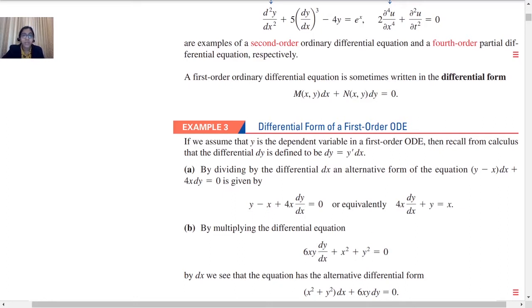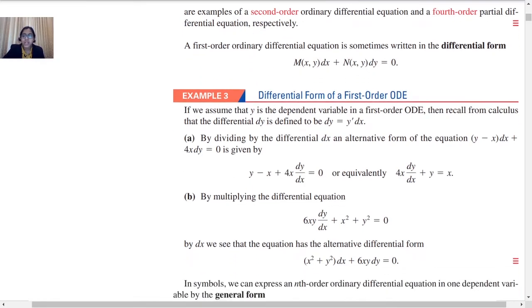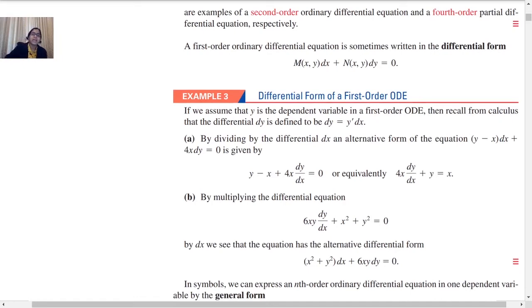So that is the form M(x,y) dx plus N(x,y) dy. So this example actually tells us that a differential equation of this form, M dx plus N dy, is basically a first order differential equation. Okay, we can rearrange it to form a first order differential equation.